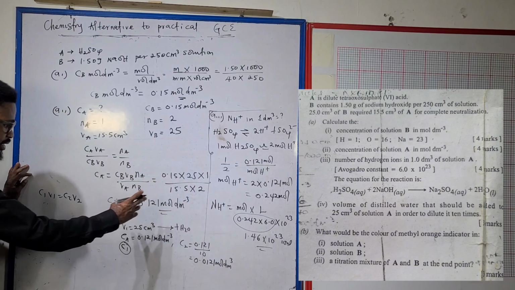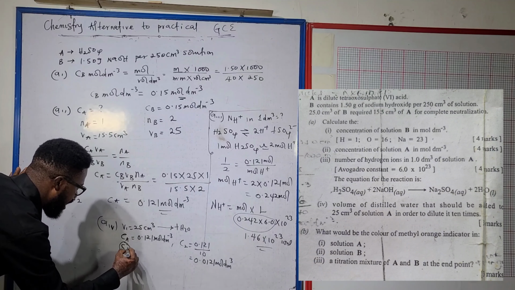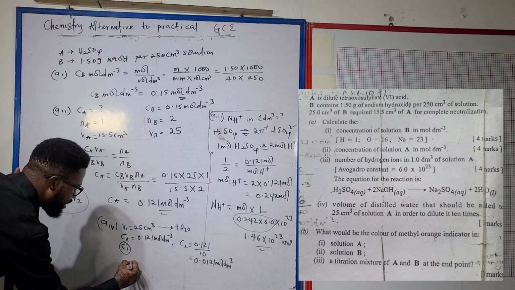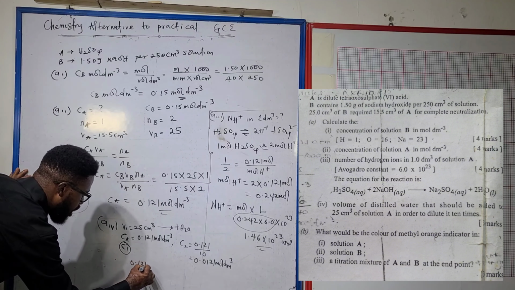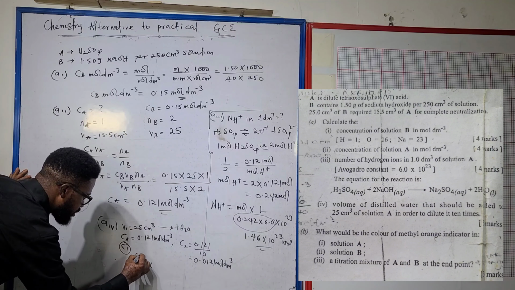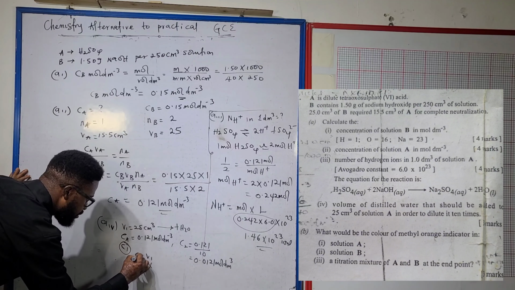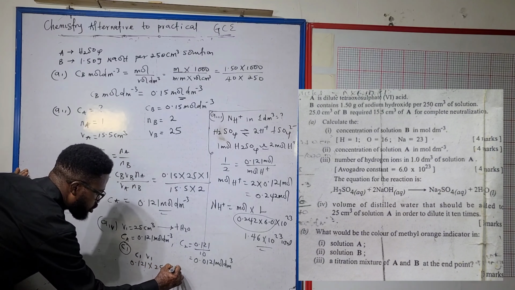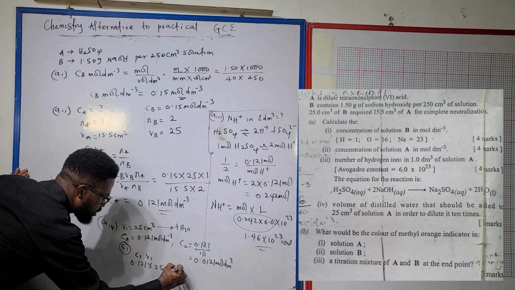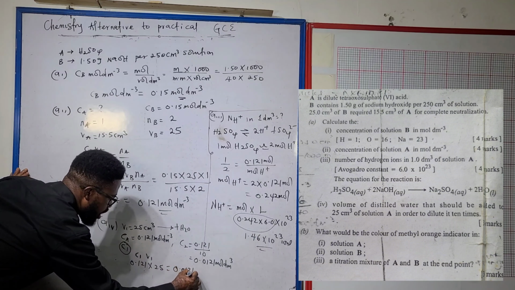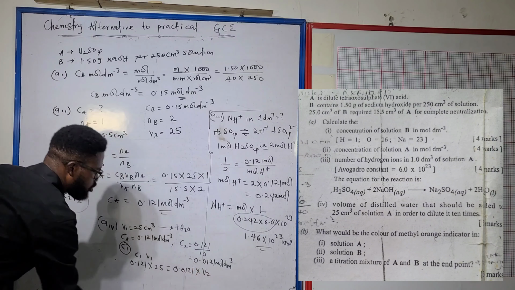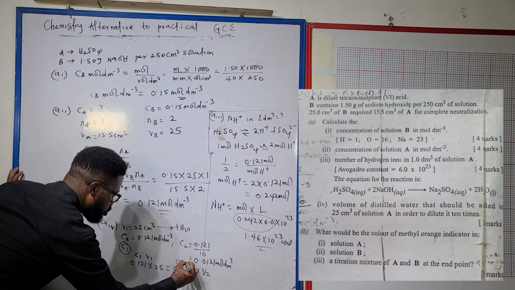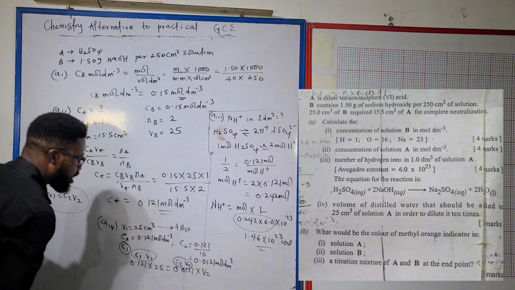Dealing with this, if I use C1 V1 equals C2 V2, my C1 is 0.121, times V1 which is 25, equals 0.0121 times the new volume, V2.